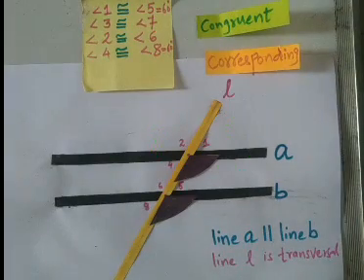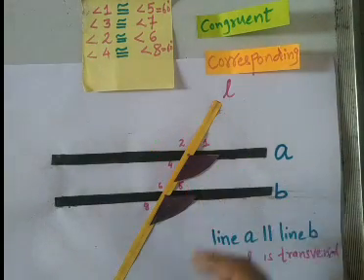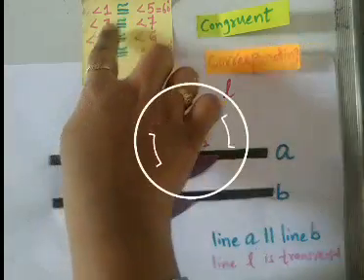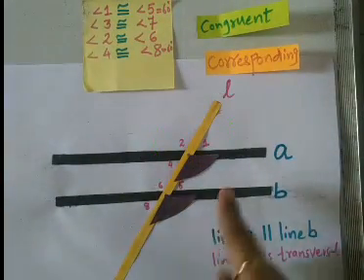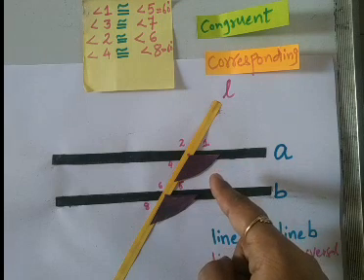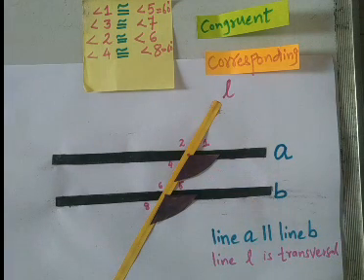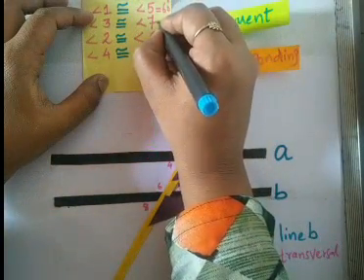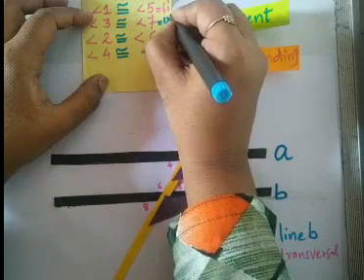They both are lying on the same side of the transversal, leaving one angle between them. Okay, so they would be congruent to each other. Angle number 3 and 7 would be congruent to each other. This angle, I have cut it off as 120 degrees. So both angles would be of 120 degrees. Angle 3 and angle 7 would be of 120 degrees.